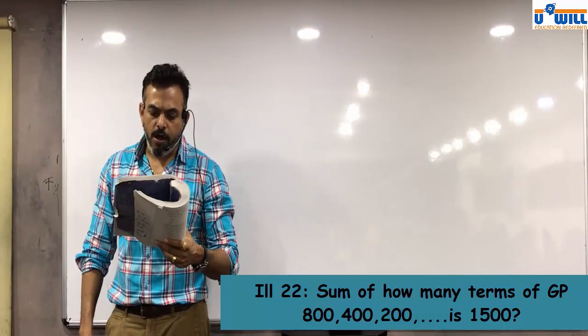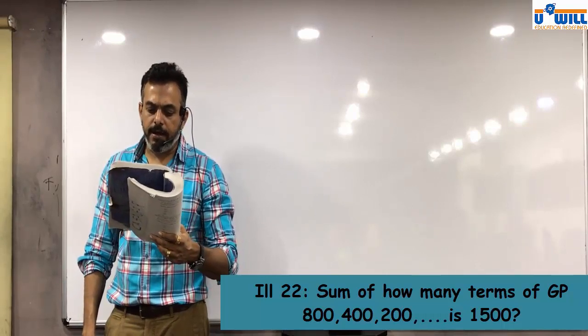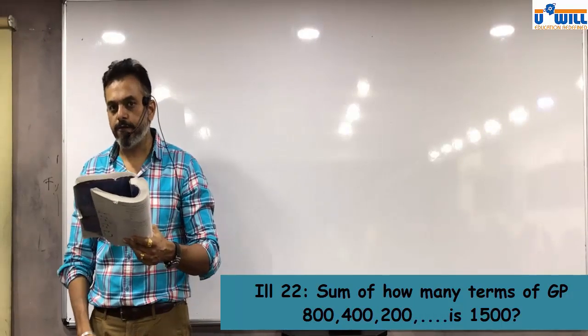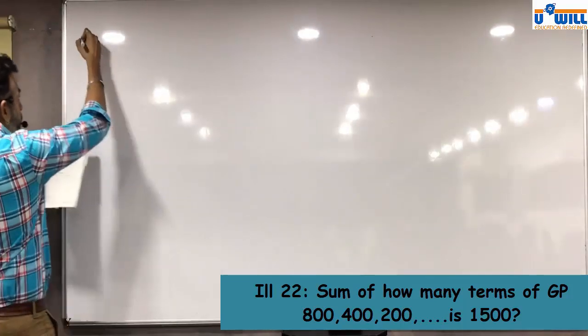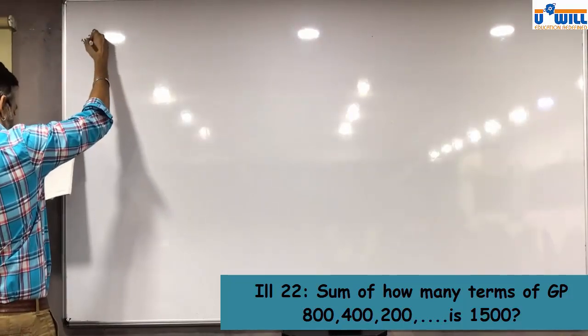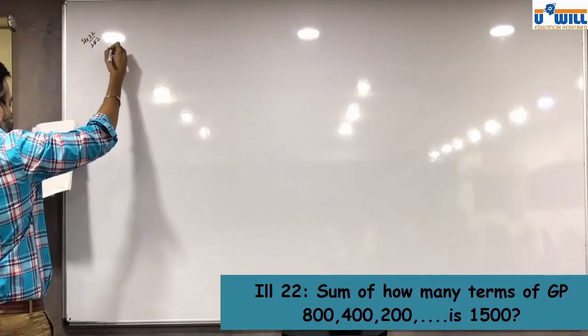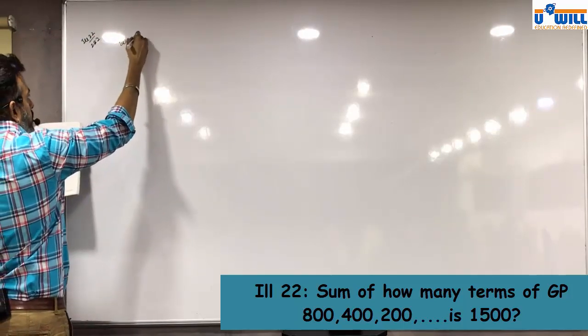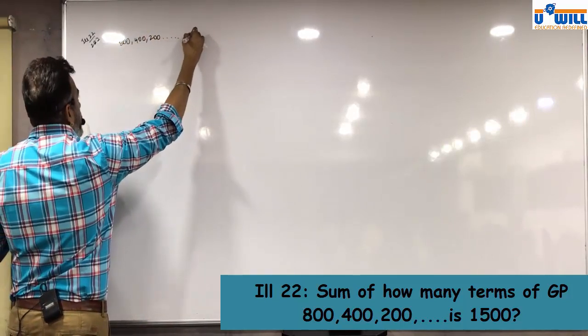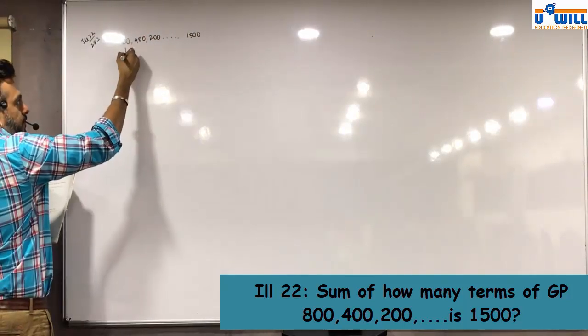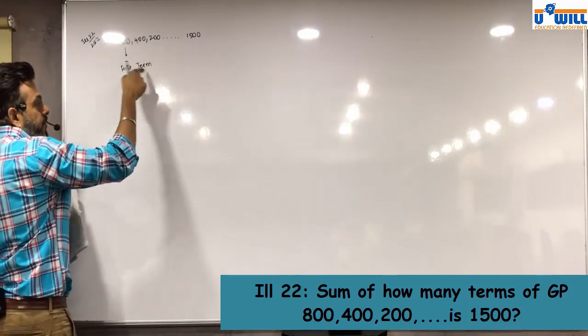Sum of how many terms of GP? 800, 400, 200 is 1500. Now let's write what is given first. 800, 400, 200 is 1500. This is the first term. Okay, first term.